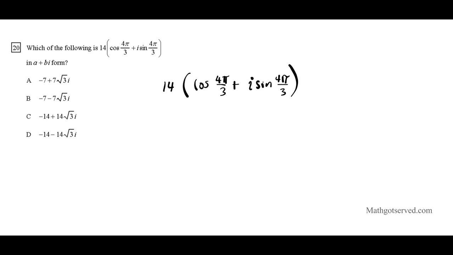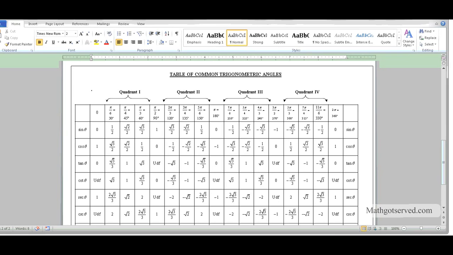Let's bring down the 14. We have 14 times cosine 4 pi over 3. We can just use our table of trig ratios to do that.